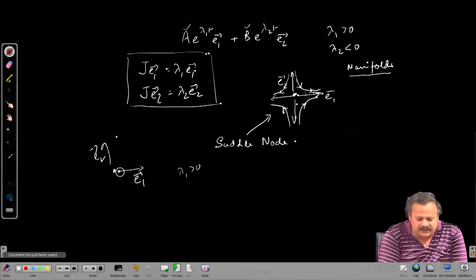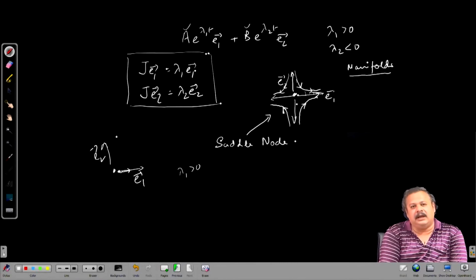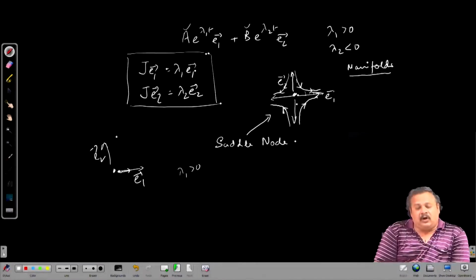If we start along this, it will go straight along this line along E1 as long as the linearization is valid. That is, E1 is a correct representation of the trajectory.